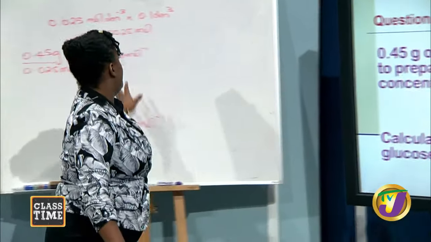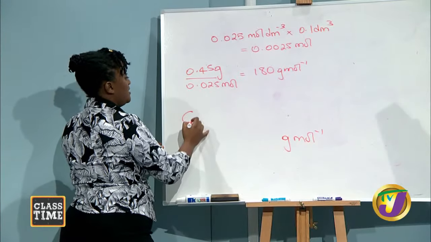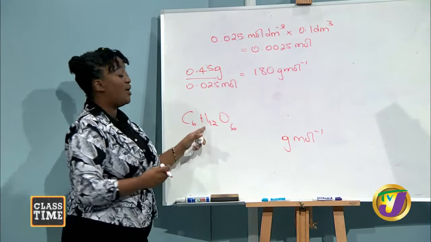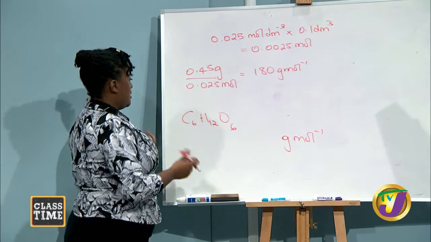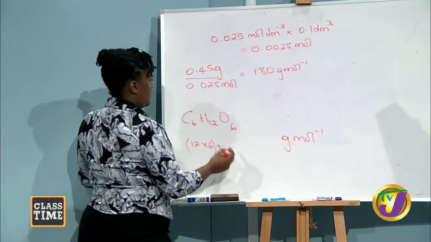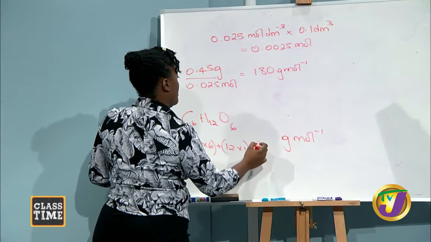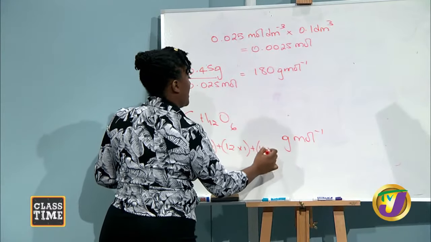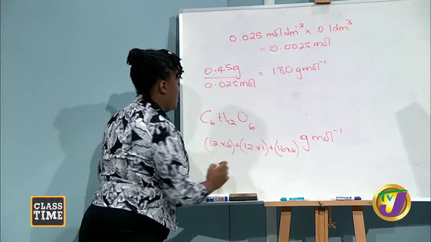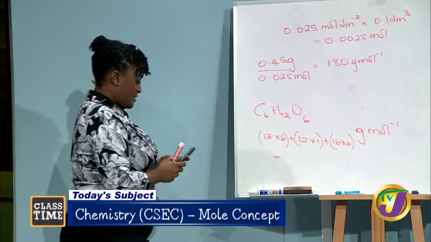Okay? All right, let's see if the molar mass for glucose is correct. Glucose is C6H12O6. That means 6 carbon, 12 hydrogens, and 6 oxygens. So my carbon is 12 times 6 plus 12 hydrogens times 1 plus 16 times 6. So let's work this to see what the molar mass is.